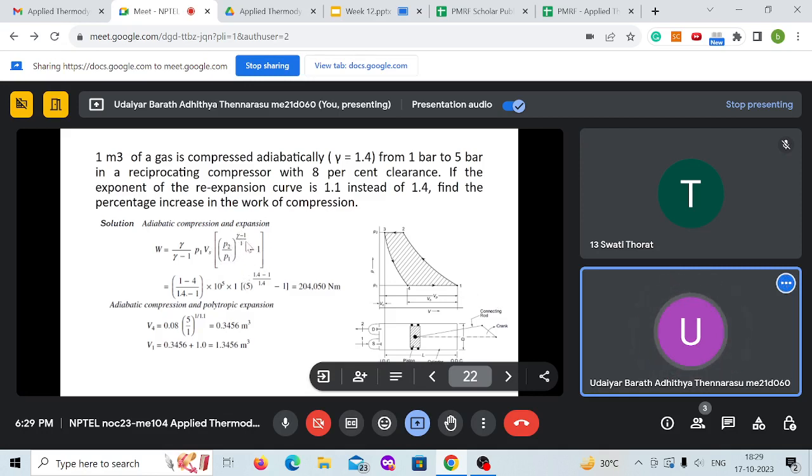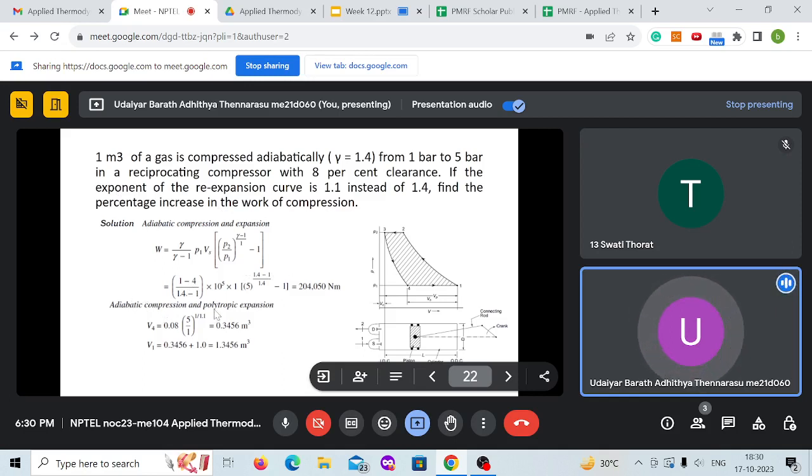Substituting gamma as 1.4, the inlet pressure P1 as 1 bar, P2 as 5 bar, and suction volume as 1 meter cube, we get total work done as 204050 Newton meter. So this is the initial work done.